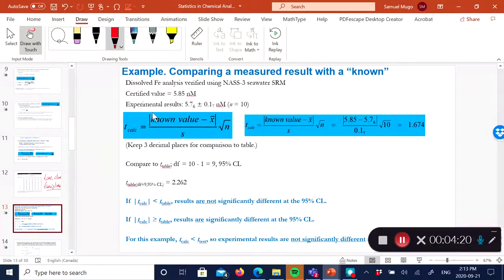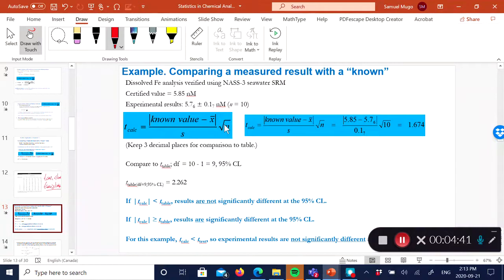And using the method that you've developed, you determine that for that standard reference material, you are getting a number of 5.76 plus or minus that relative standard deviation. And that one has been obtained from analyzing 10 times.